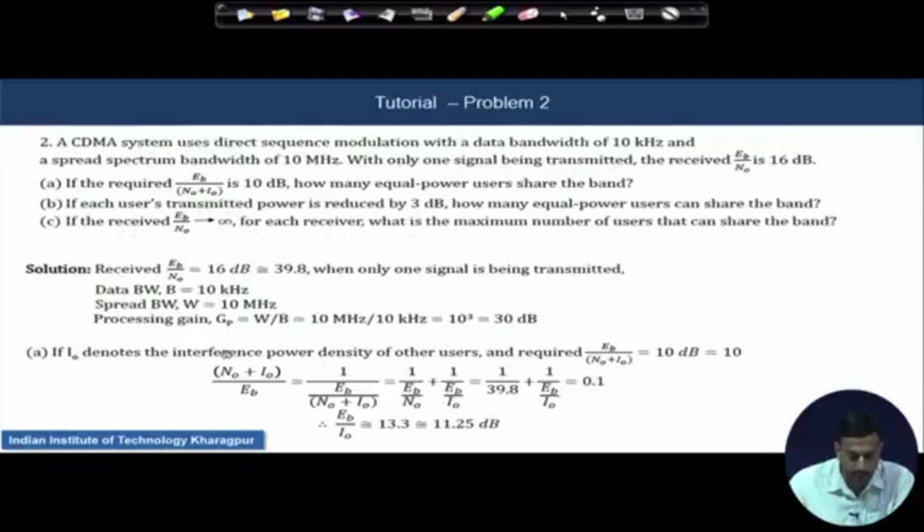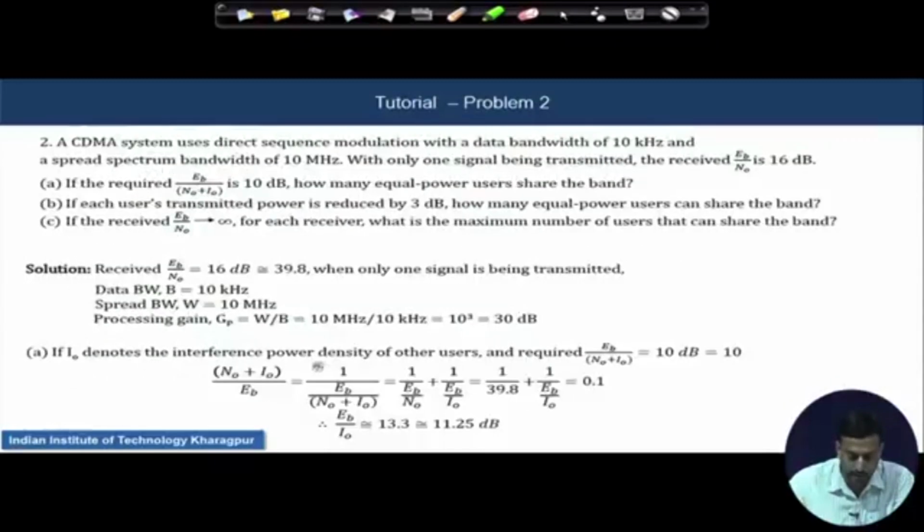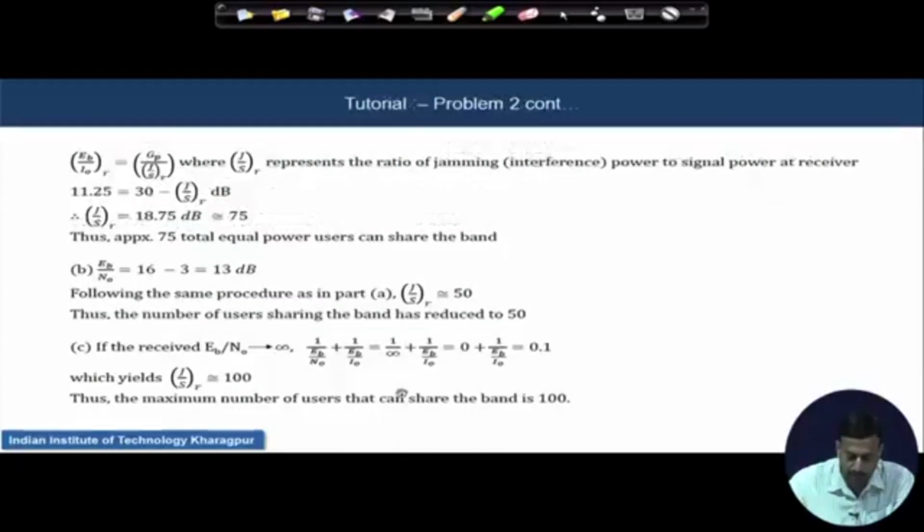Finally, we have been told that noise power is almost negligible, so Eb by N naught tends to infinity, and we use this expression which we had used previously for part A of the solution, wherein this first term turns out to be 0, and now we straight away get Eb by N naught as 0.1, which once again, following a similar analysis, gives us a jammer to signal power ratio of 100.